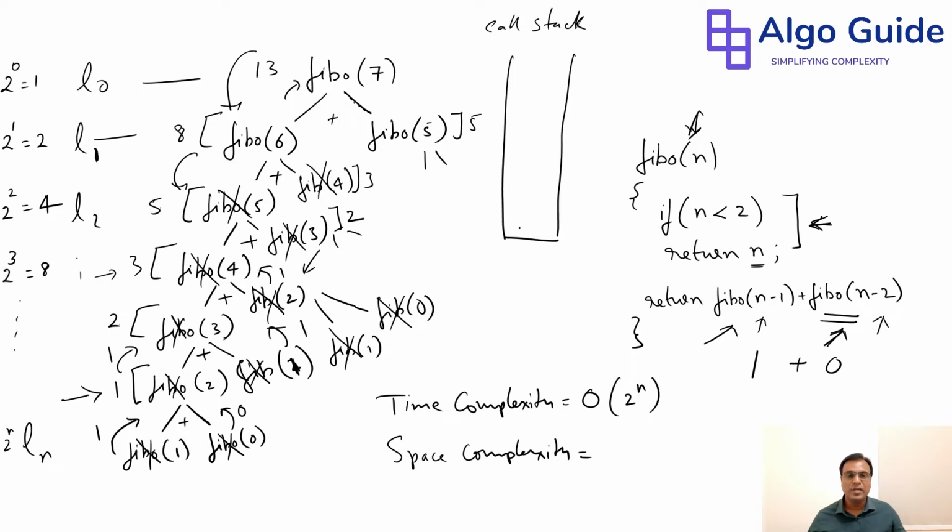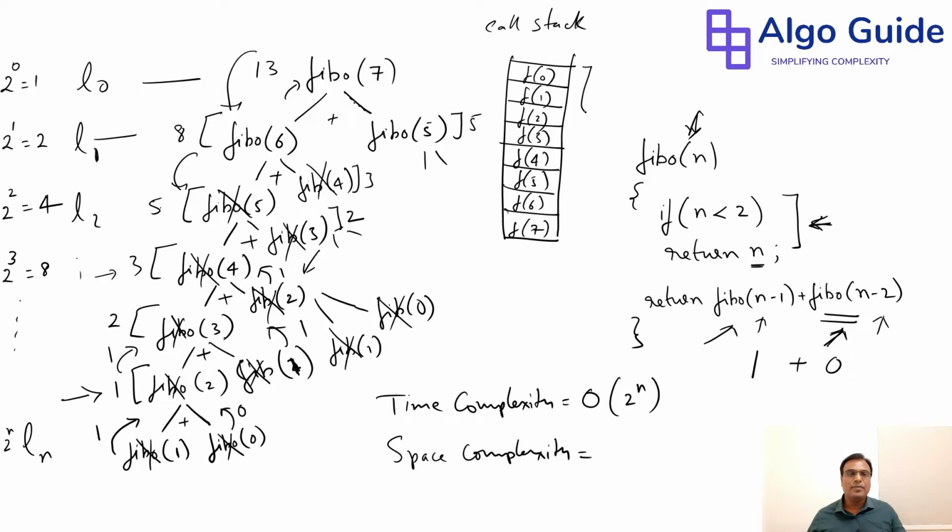Fib of 7 calls fib of 6, so fib of 7 is pushed into the call stack. Fib of 6 when it is called is pushed into the call stack. Similarly, fib of 5 is pushed into the call stack and calls fib of 4. Fib of 4 is pushed into the call stack and calls fib of 3. So this keeps calling till the base condition is met.